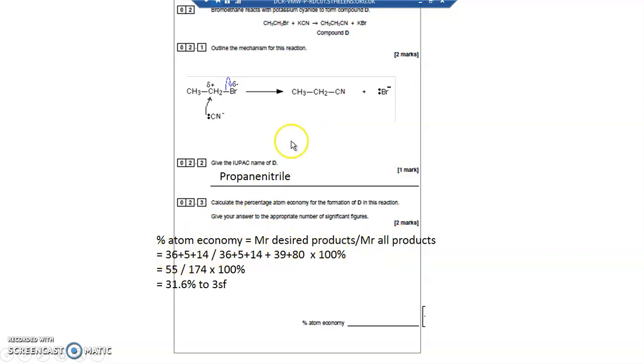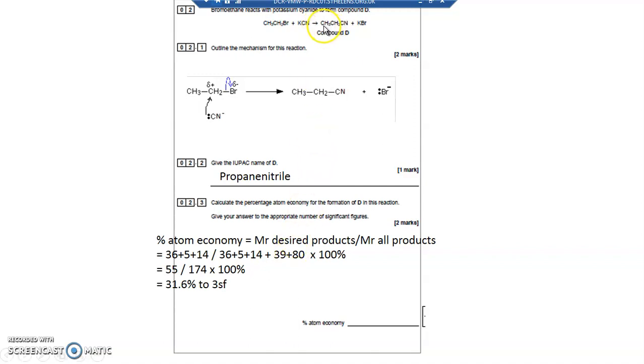So the desired product here, I've got 3 carbons, each 12 is 36, hydrogens, 5 ones is 5, and 14 for the nitrogen, and then all of them is that again, plus, sorry, I'm doing it from here, from the KBr. So the KBr, the K is 39 and the Br is 80.